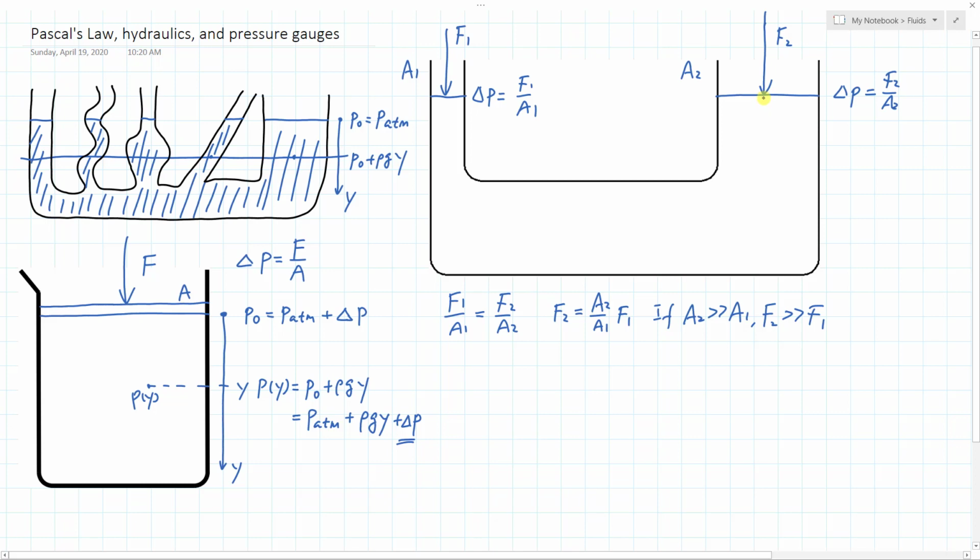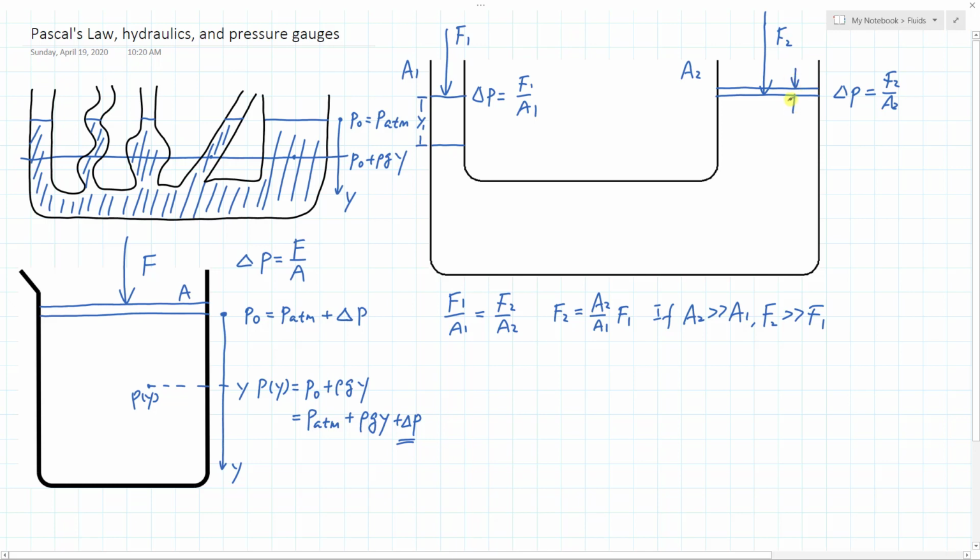So let's look at how much work we can do with these two forces. Let's look at the left side first. We push with this force F1, so let's assume that we push down and we squeeze down this much liquid. So the amount of liquid squeezed out is Y1. And this other side will rise, but because of the larger area, the rise is much less than the drop Y1.